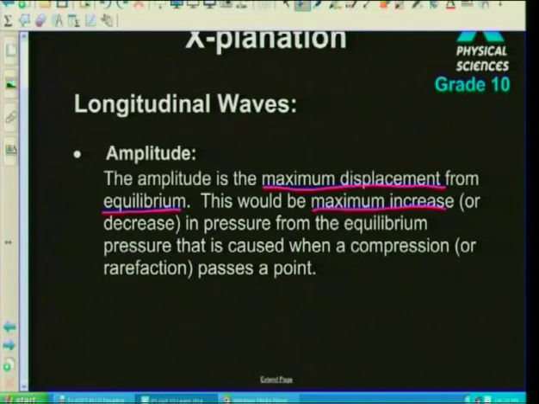That's why we have to put it in there, because it's what happens when the wave moves, when the energy moves, it's an increase in pressure to the particle in front of it. So the pressure increases, gets transferred, then it decreases, then it transfers to something else. So our amplitude is not just maximum displacement, but maximum increase in pressure from equilibrium, and that causes a compression. So if we increase the pressure, we get compression.